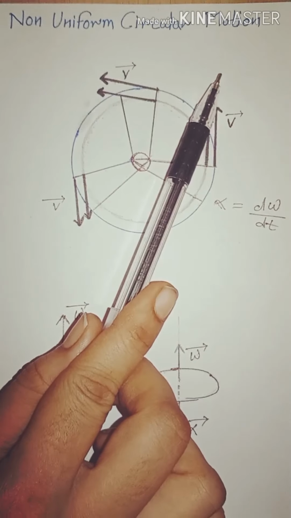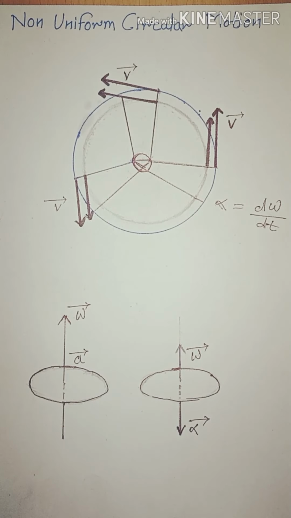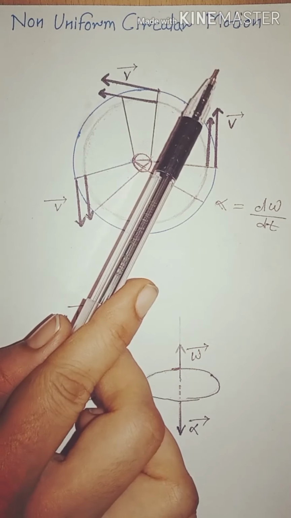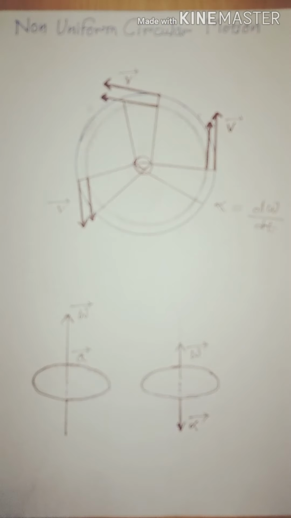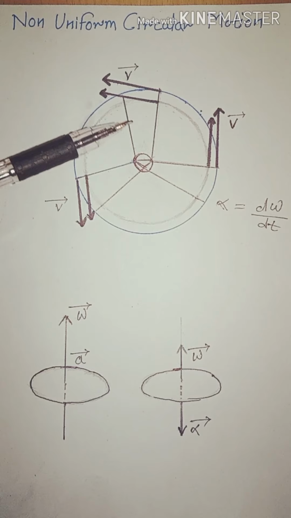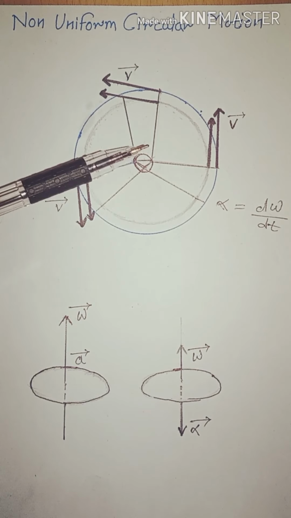Non-uniform circular motion. During circular motion, if the speed of the particle does not remain constant, then it is said to be non-uniform circular motion. When a fan is switched on or switched off, the speed of the particles of the fan goes on increasing or decreasing for some time.